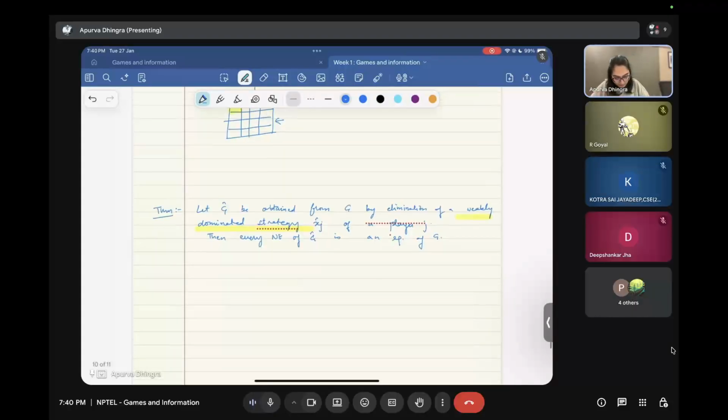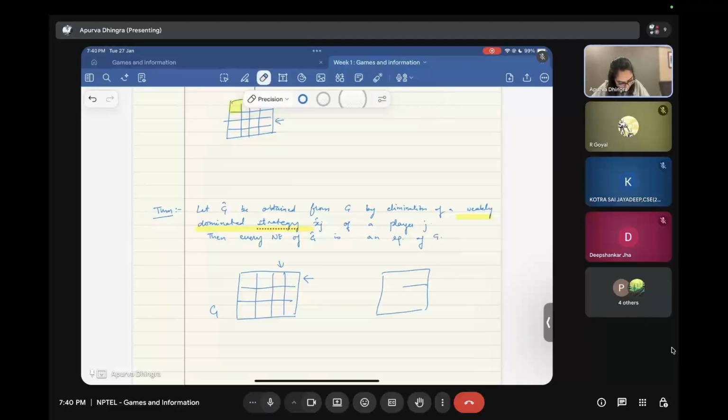So what it is saying is, this is the original game, let's say G. After reduction, let's say I have removed these two, so I am left with two rows and three columns. Then let's say this particular one in G hat is known to be the equilibrium.